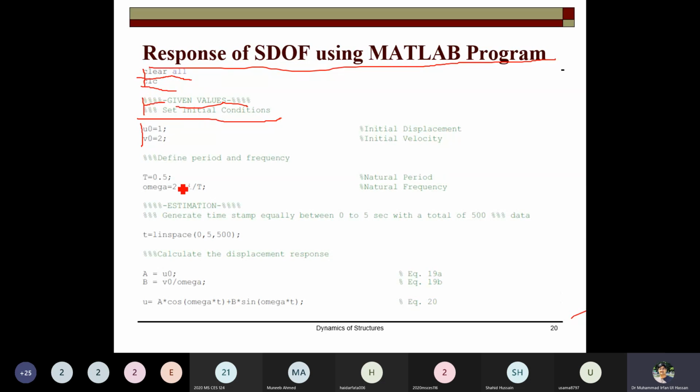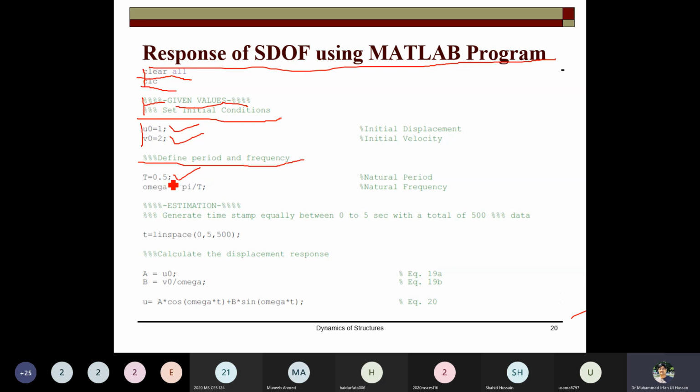Now how can you write down the command? Let's say the initial displacement is given as u naught is 1, and the initial velocity is also given. So these are the initial conditions for the response of the system. Now you have defined the period and frequency. You have the time period, and you can give it some value. This is for one of the problems which was solved.